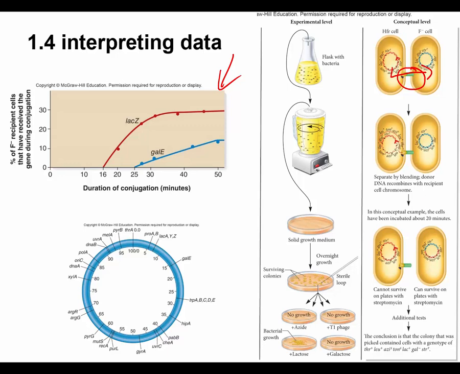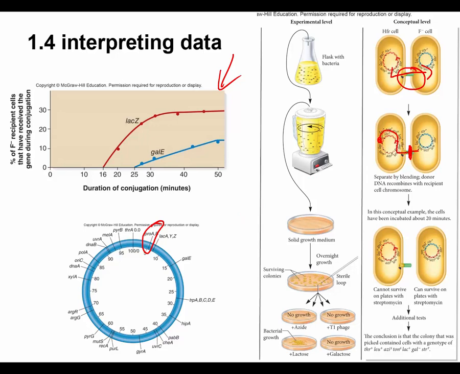And we can see, well, what order does the DNA come through? We can blend this up at 5 minutes, 10 minutes, 15 minutes, 20 minutes, and that blending breaks this conjugation bridge. If I break it at 5 minutes and I find out that I've only transferred the pro-AB gene, then I know that the pro-AB gene is at the beginning, near the origin of replication.